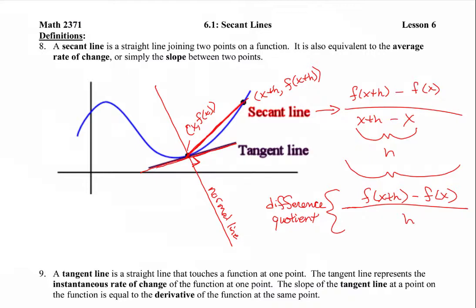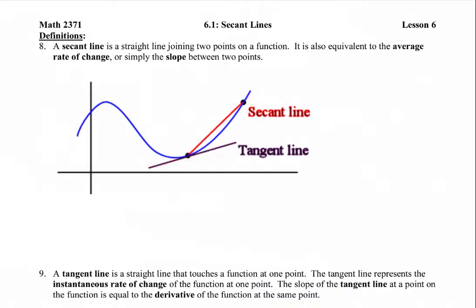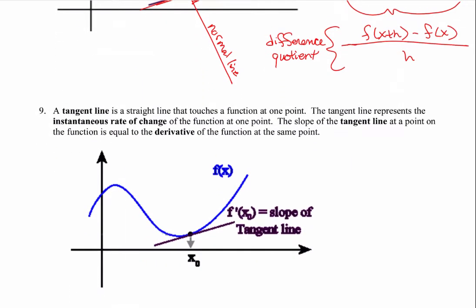And to find the tangent line, you're going to take that difference quotient and take the limit as h goes to 0 of f of x plus h minus f of x over h, and that is going to give us the derivative.